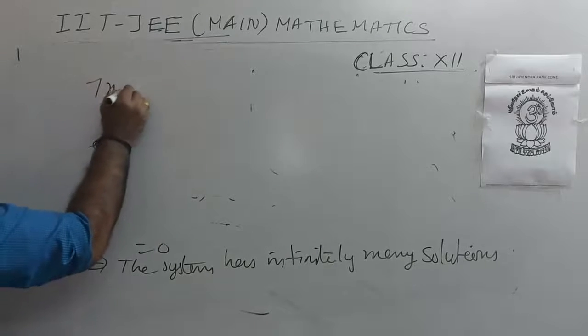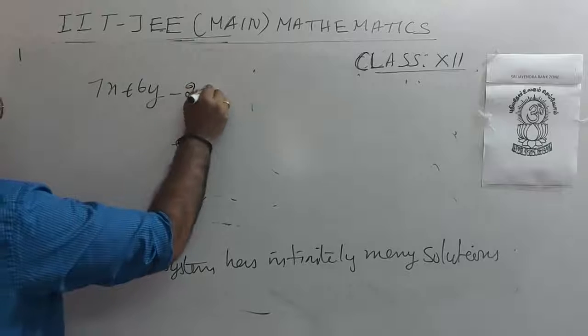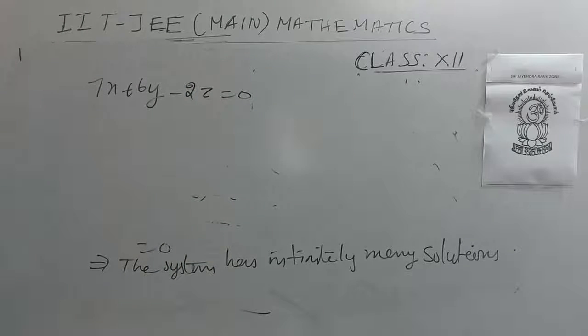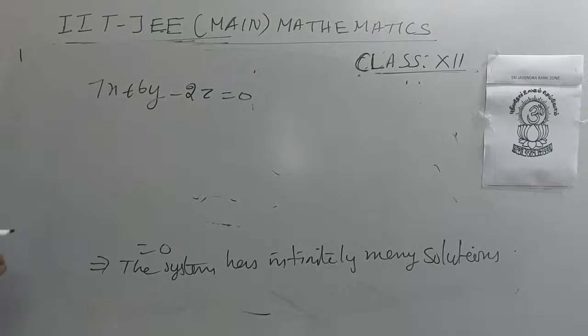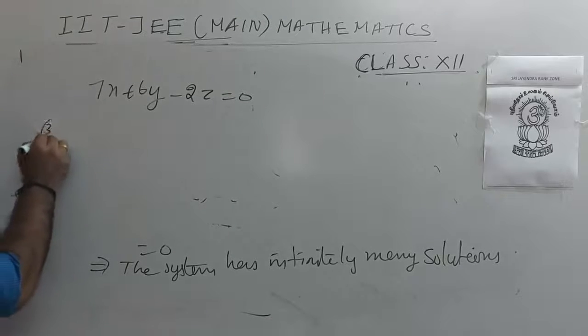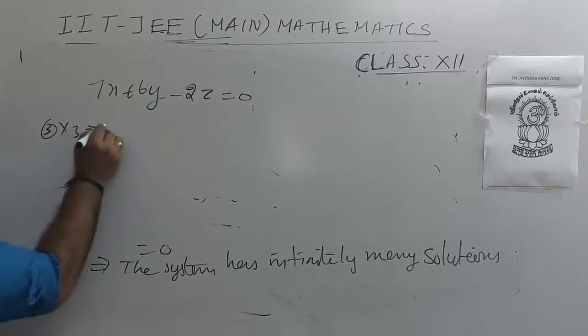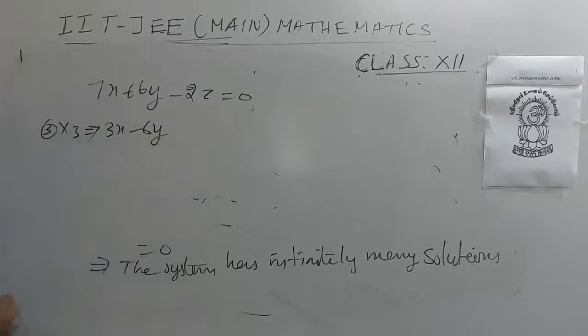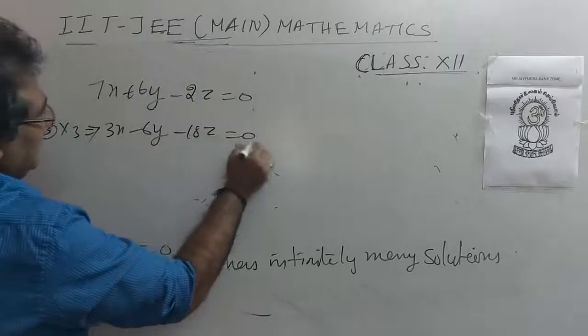You consider 7x plus 6y minus 2z equal to 0. Multiplying the third equation by 3, you can find 3x minus 6y minus 18z equals 0.